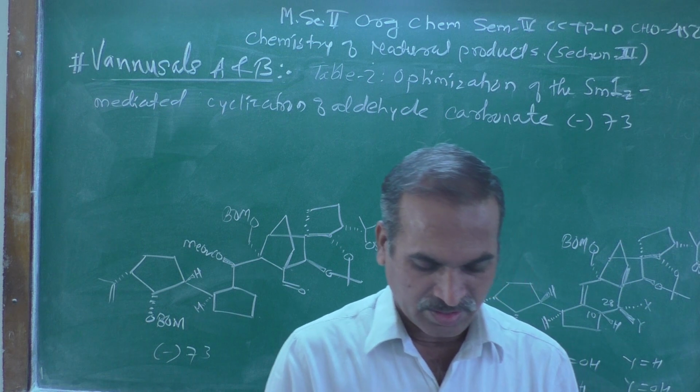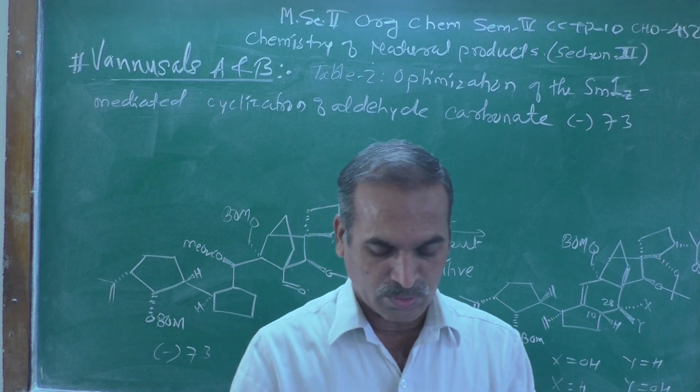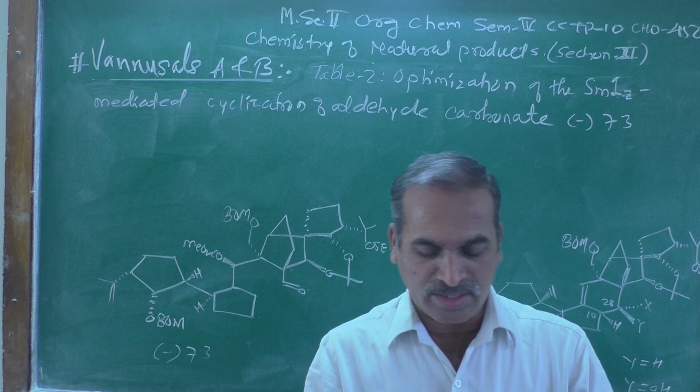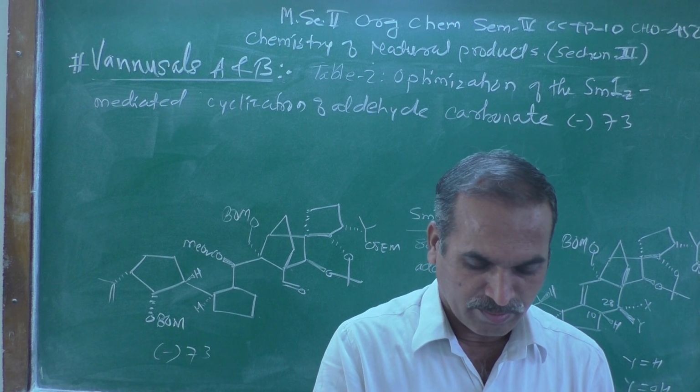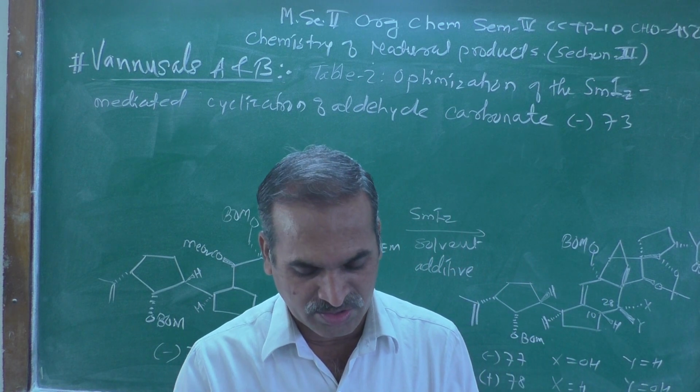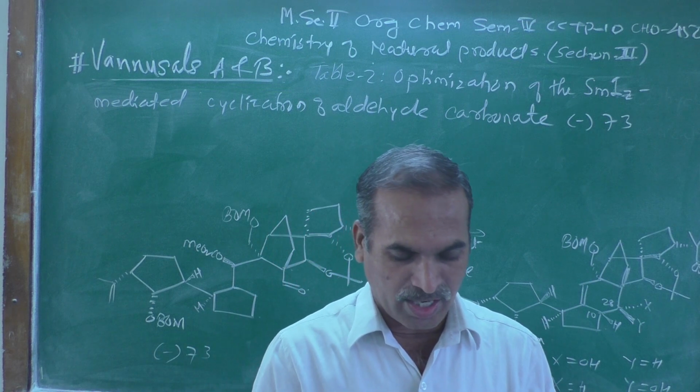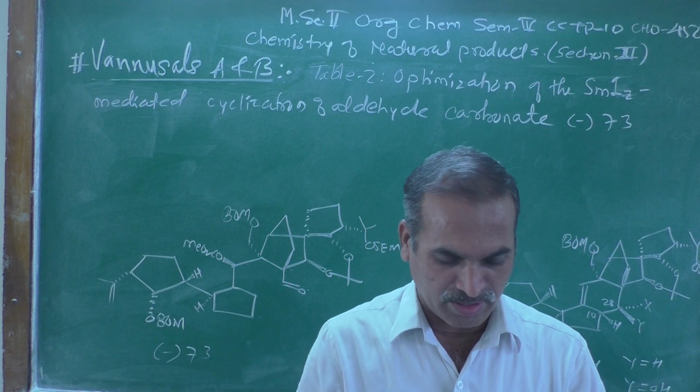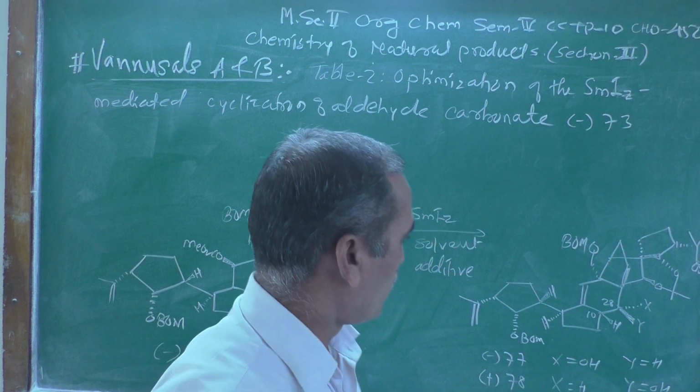And now here we are going to find out the combined yield of minus 77 and plus 78 together in table number 2. Let us see what that gives.